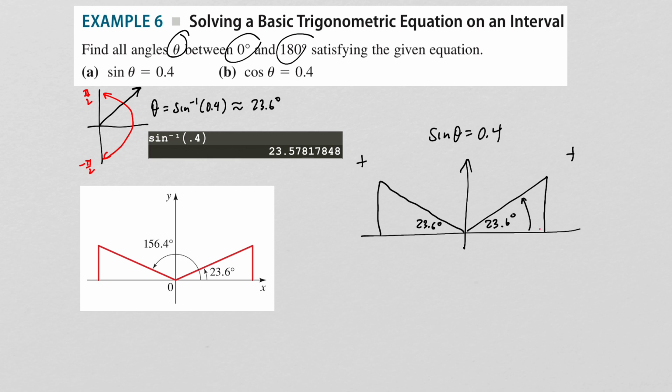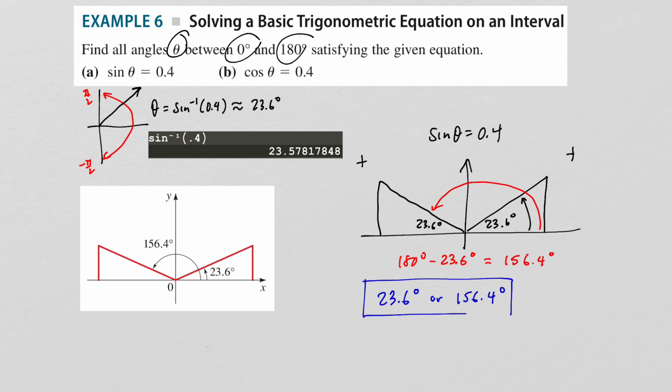So the question is, what is that angle? Well, that angle, of course, is 180 minus 23.6 degrees, which is going to be 156.4 degrees. So there are two possible angles, 23.6 degrees or 156.4 degrees, because if you take the sine of either one of those, they are going to give you a value of approximately 0.4. And you can see a picture of that over here.